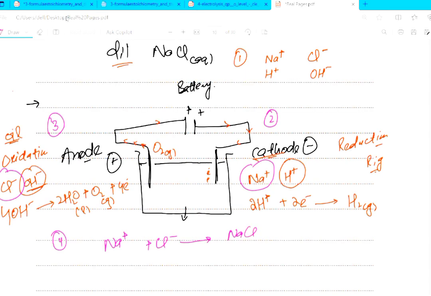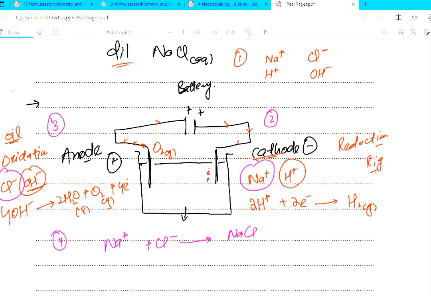But here H and from here OH are released, so we can say that the aqueous solution of sodium chloride will gradually become concentrated.